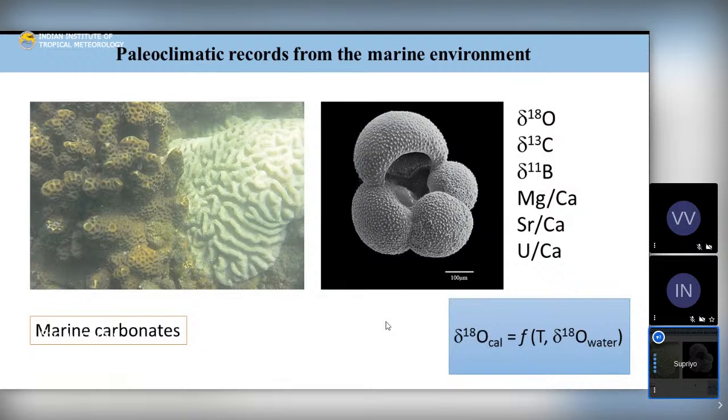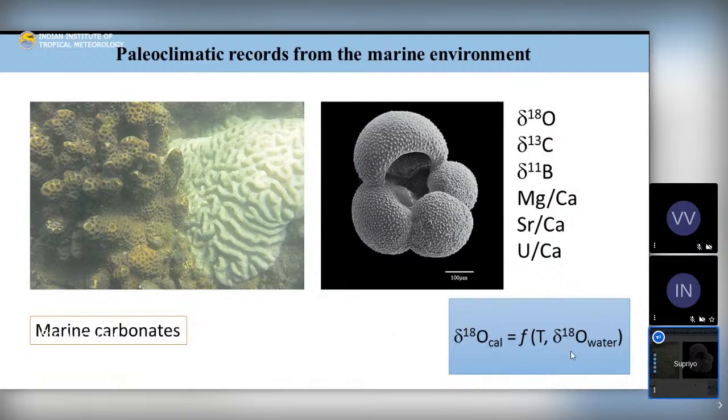Delta 18O of water is basically related to salinity, because both these parameters are governed by similar processes. For example, when water evaporates, the lighter isotopes will escape faster, making the remaining water enriched in heavier isotopes. At the same time, because of the evaporation, salinity will increase, particularly in the surface ocean. So delta 18O of water and sea surface salinity will have a strong positive correlation.